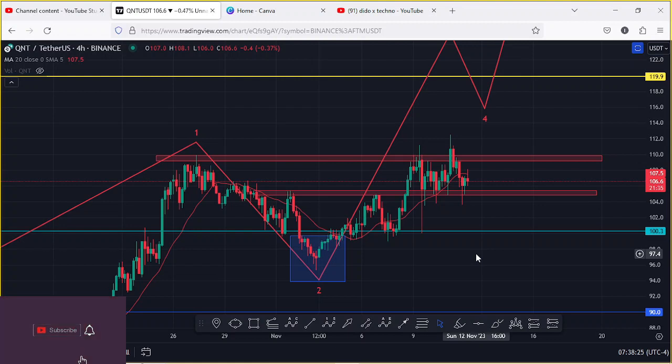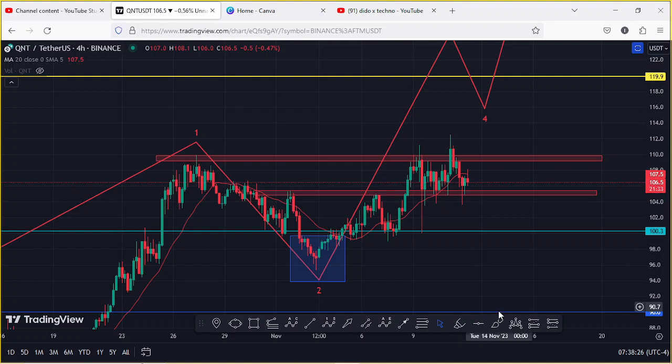At the time of this recording, QNT is holding below the 20-day MA here on the 4-hour chart, which is now acting as resistance for us to continue gearing up. We are also holding above support above the $105 mark, which is acting as support for us to continue gearing up.